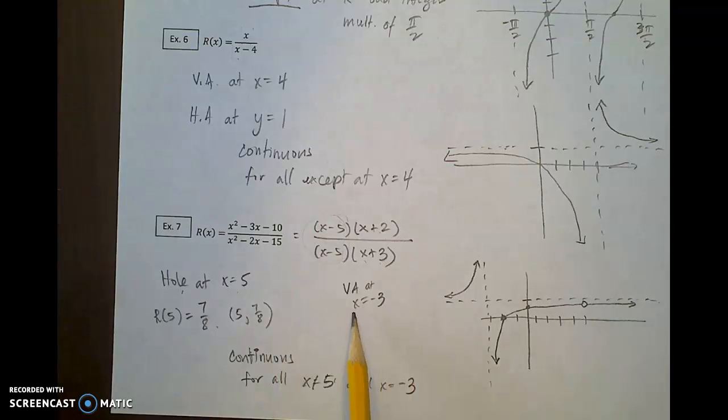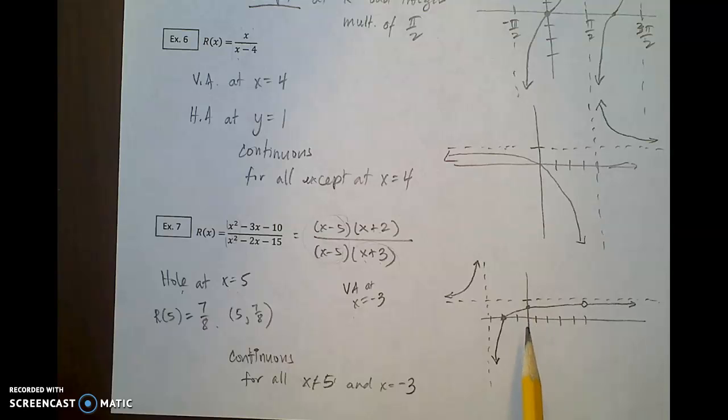And we also have a vertical asymptote at x equals -3, because that's what's going to make this function undefined. And a horizontal asymptote at y equals 1, because since the degrees match, we're looking at the ratio of the coefficients. So here's our horizontal asymptote at y equals 1, and our vertical asymptote at x equals -3.